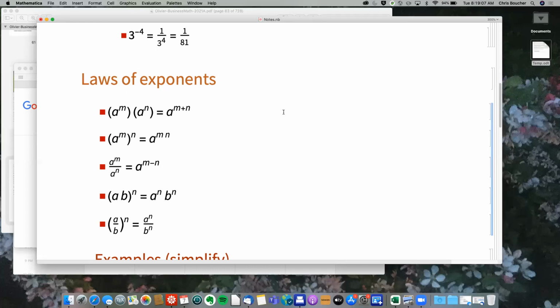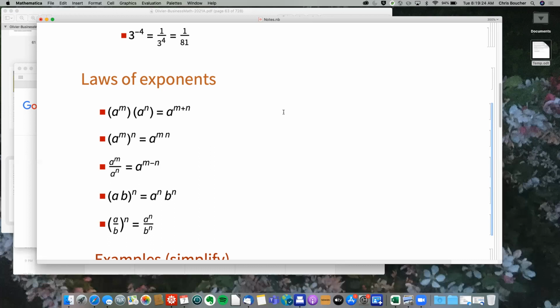If I have an expression like a to the 7 over a to the 4. So this is like the 3rd line here, where I have a quotient of powers of the same base.